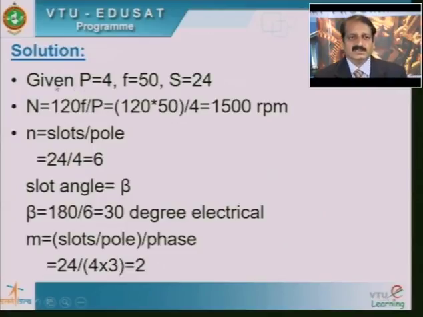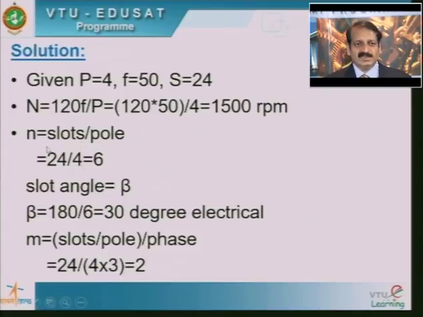So, this step is similar. Number of poles is given as 4, f is equal to 50, S is equal to 24. So, we have N is equal to 1500, and the slots per pole is 24 divided by poles, which are 4.